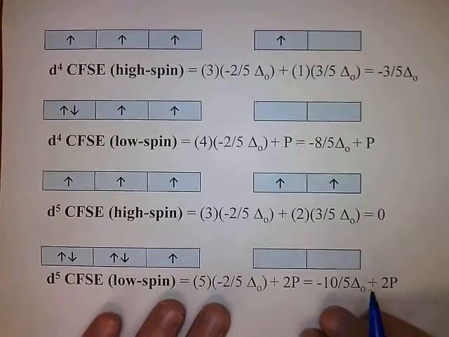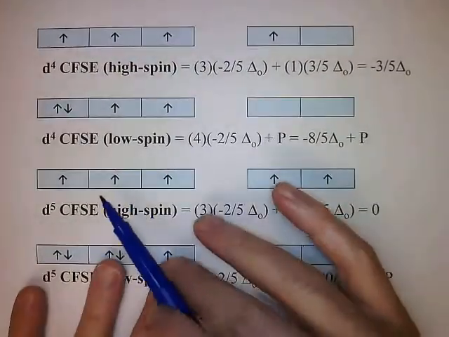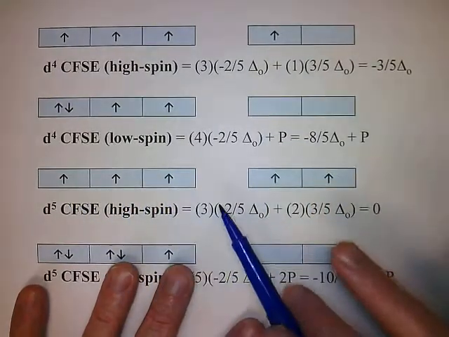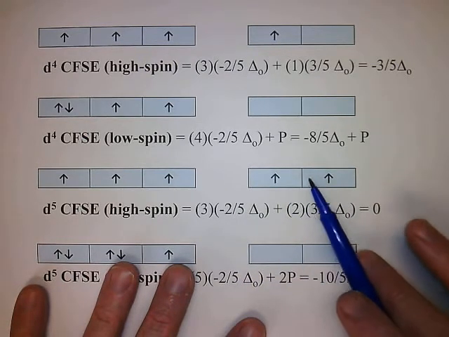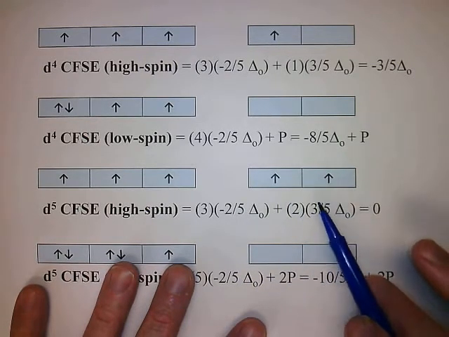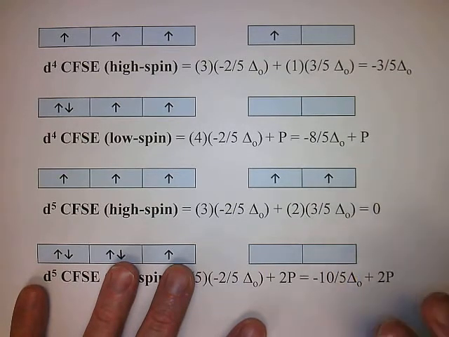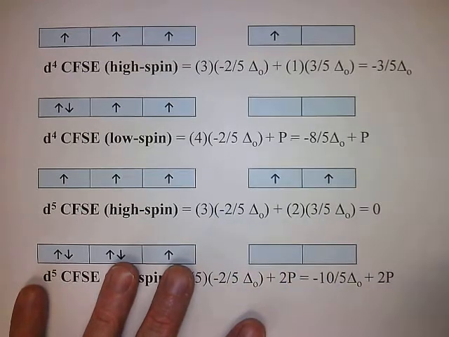So we go to D5. If we go to a D5, what do we have? We've got 3 electrons that are lowered by 2/5 the field splitting, plus 2 electrons that are raised by 3/5 the field splitting. Well, guess what? 3 times 2/5 is equal to 2 times 3/5.